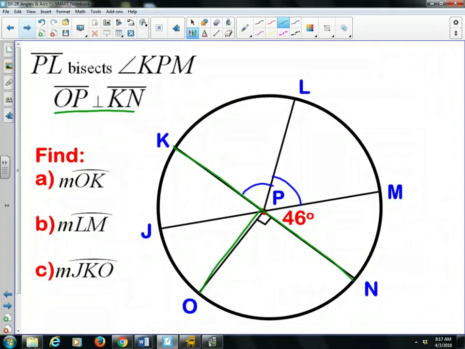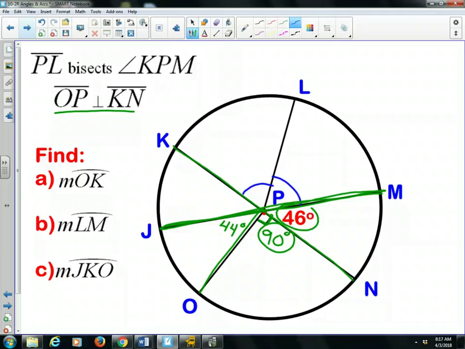KN is a diameter, so that means that this angle is 90 degrees. All right, well, let's just try to find everything that we know. If this is 46 degrees, this is 90 degrees. This is a diameter, and a diameter makes a half circle. So if this is 46 and this is 90, then this one has to be 44 degrees, because 46 plus 90 plus 44 equals 180 degrees.